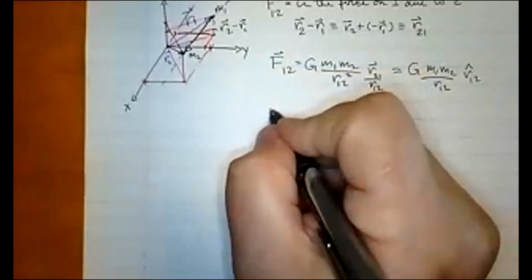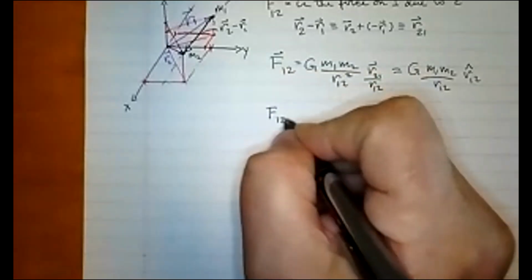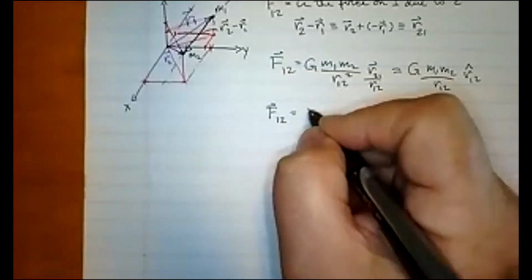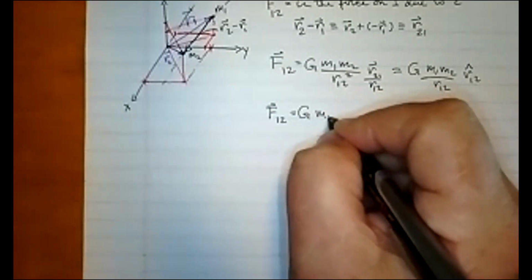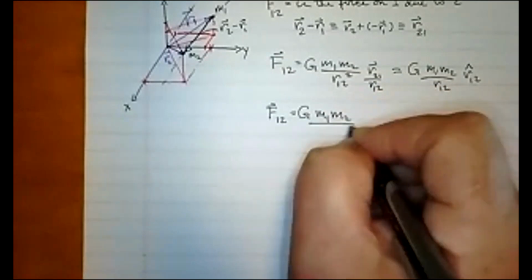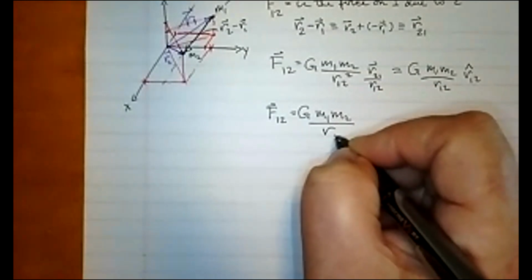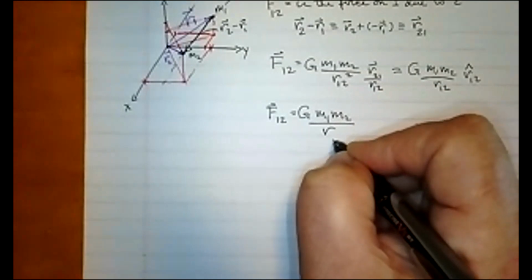Another thing you could do is make the vectors actually match subscript order, and you could say it's G M1 M2 over R. I'm supposed to be writing 2-1 all this time. No wonder I was probably thinking I'm stupid. Yeah, all that was supposed to be 2-1, not 1-2.